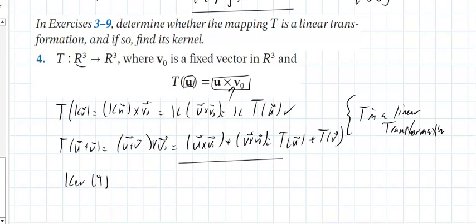And simply the kernel of T, well, if V sub 0 equals 0, then the kernel of T would simply be all of R3. So whatever you choose in there will work.